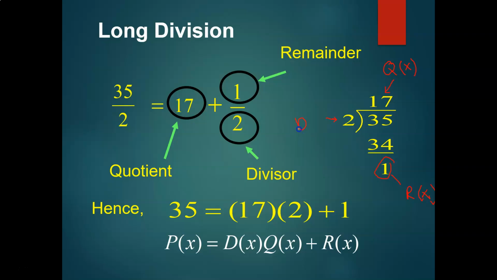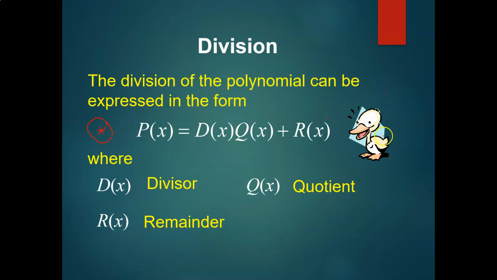And this 2 is our divisor. Kita punya pembahagi. And where is our polynomial? Here is our polynomial. Px, polynomial of constant. Okay. So now you can susun or you can rearrange this thing in this form.